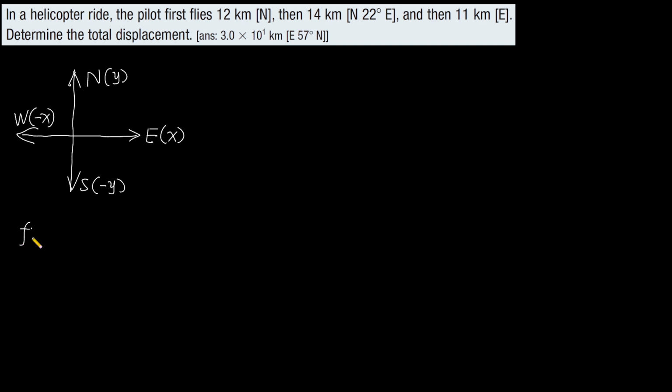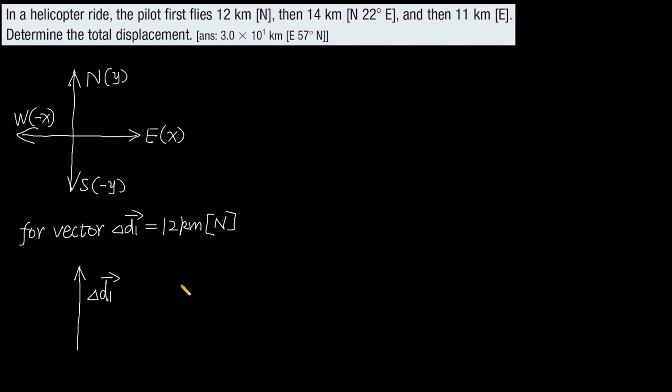Now for vector delta d1, this is 12 kilometers north. So this is just vector delta d1.